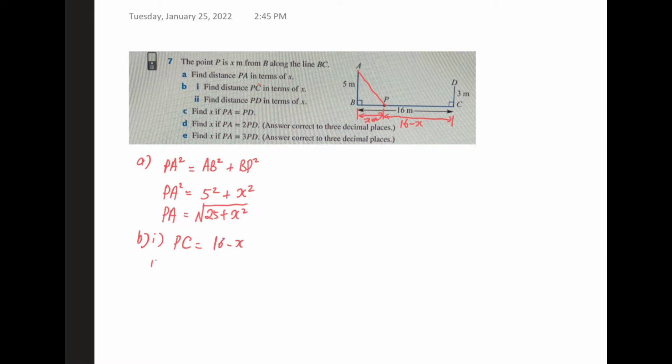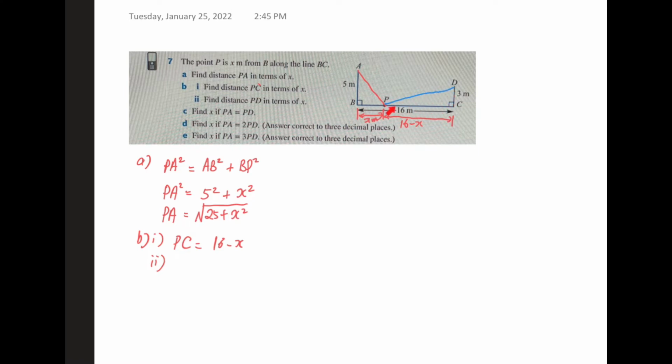And part 2, find distance PD in terms of x. PD. Okay, so again, this is going to be a right angle triangle. We can see the right angle triangle here, PDC.